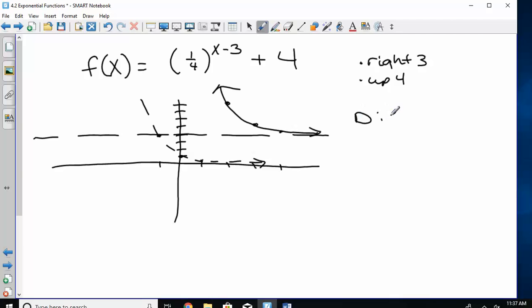And if I ask for it, domain is still -infinity to +infinity. Range is just parentheses 4, comma infinity. Good? Let's do one last graph.